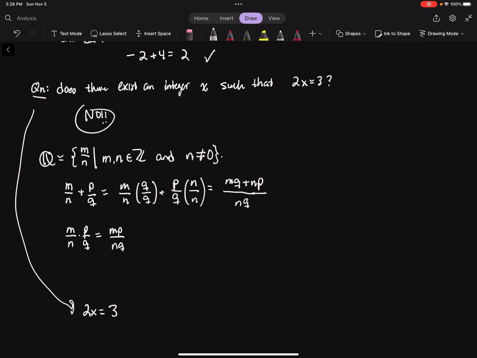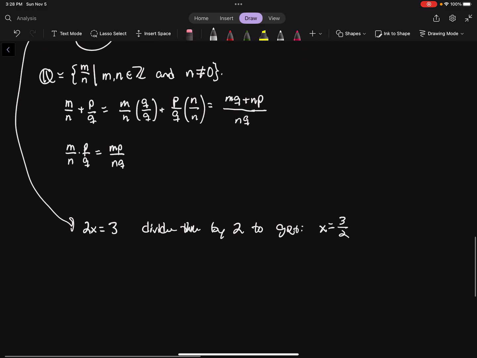Well, we divide both sides by 2. And we get, of course, x equals 3/2. Okay, cool. So we can solve a lot of equations like this, and you're really familiar with doing this if you ever studied algebra, of course.